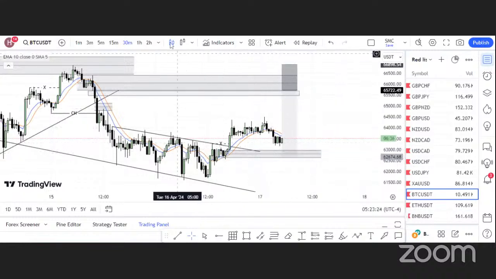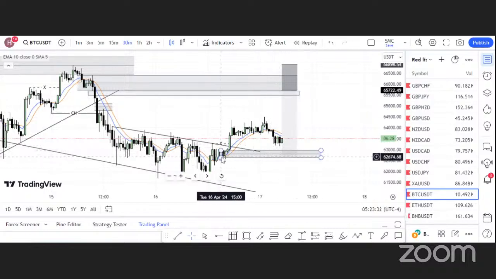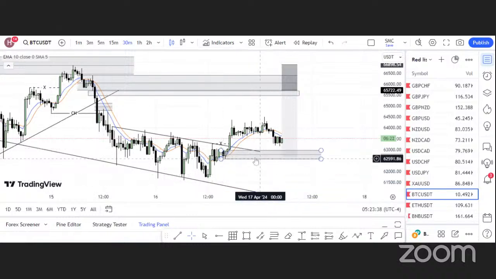But I would prefer if the market comes down to this level before I take my buy trade. I would want the market to come down to this level before I take my buy trade.